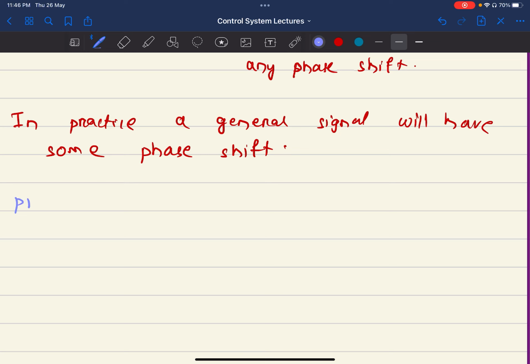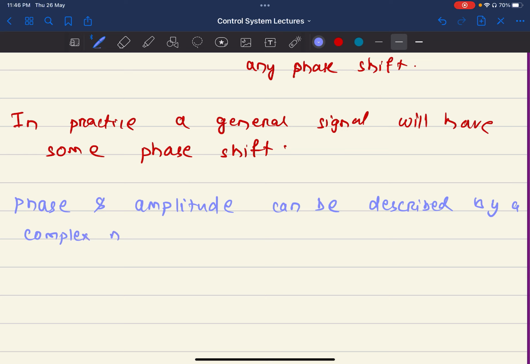So the phase and amplitude can be described by a complex number. How? If this is a real axis and this is an imaginary axis, we know in complex numbers, if this is my complex vector or complex number, then this is the real part.